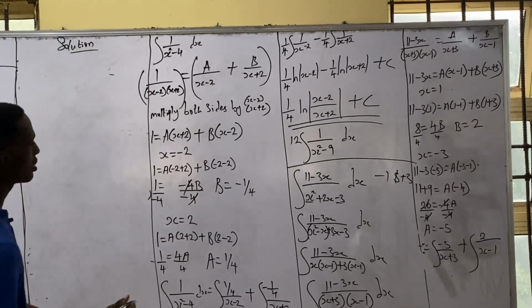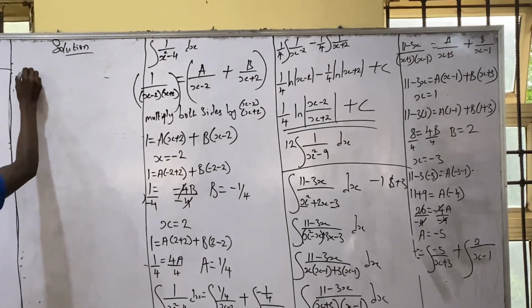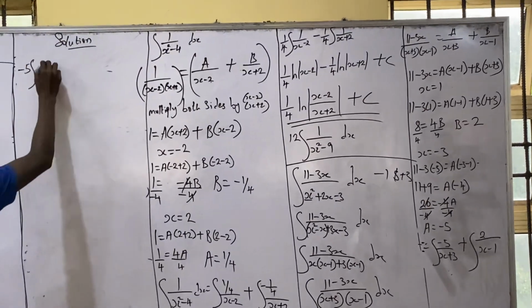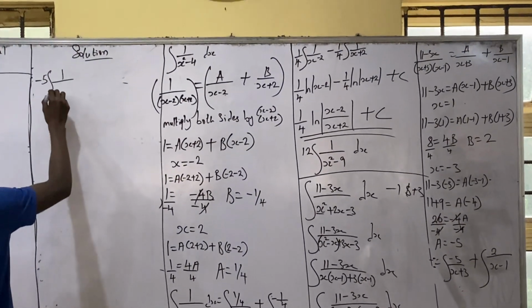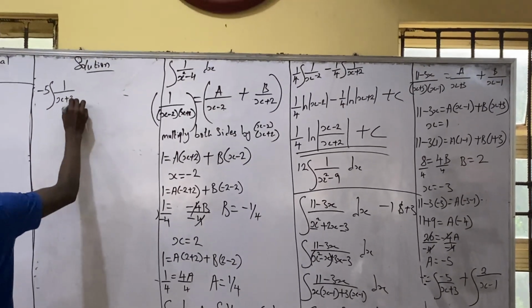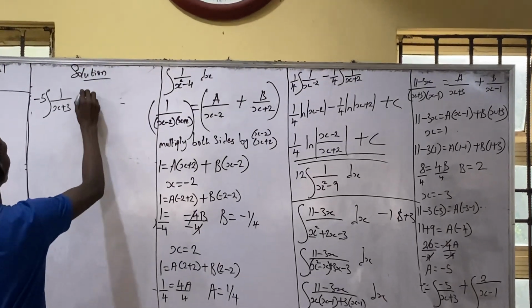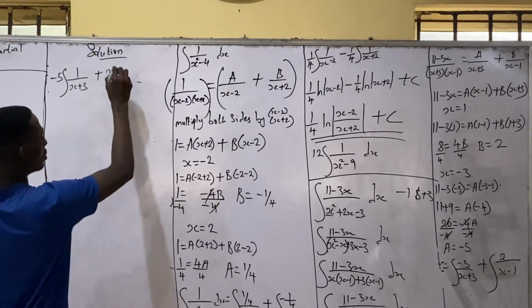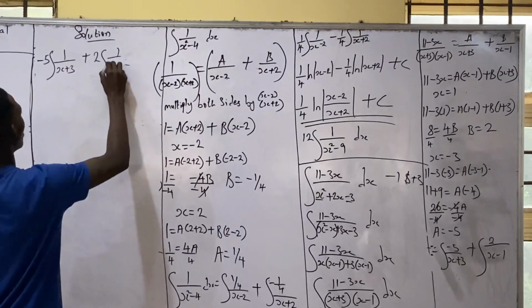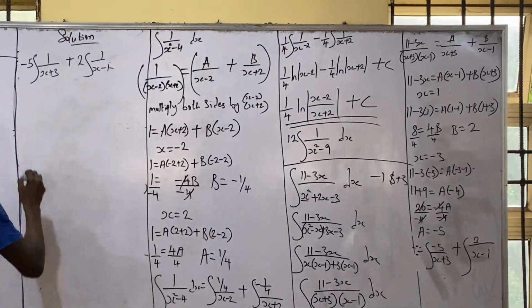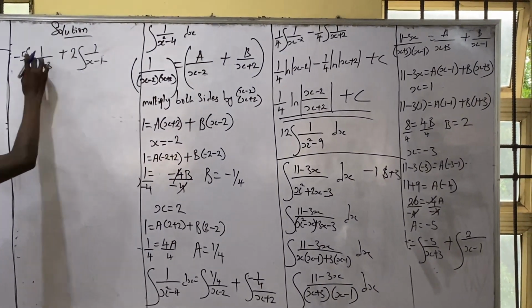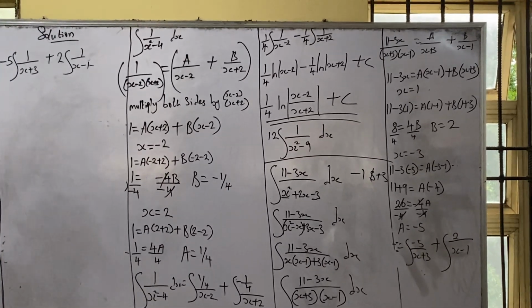Alright, so I'm going to write this here as minus 5 integral of 1 over x plus 3, then this is plus 2 integration of 1 over x minus 1. So we all know that this power here is 1, which means you can apply our ln.